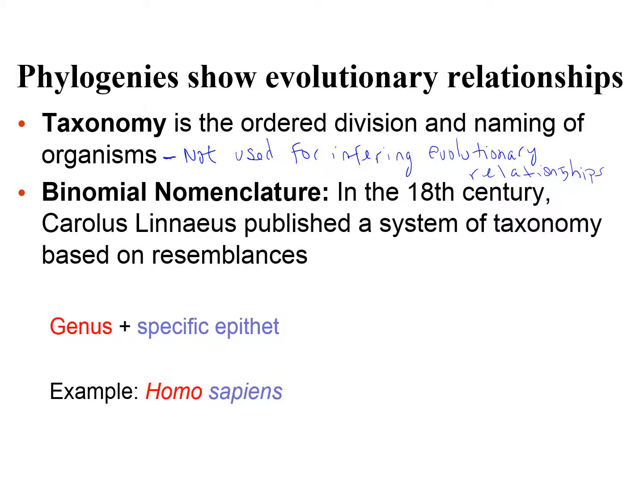So the genus is the Homo genus, and our specific epithet is sapiens. By convention, we always capitalize the genus name, use lowercase for the specific epithet, and it's going to be in italics. So each organism will have its own unique genus and species name.